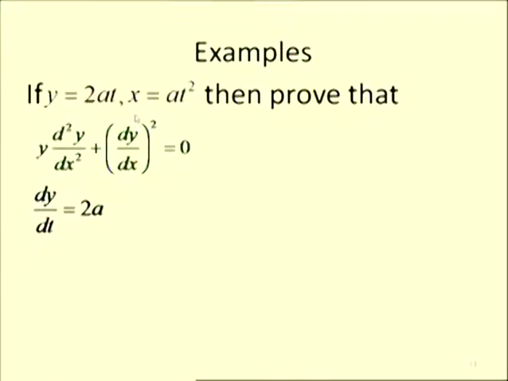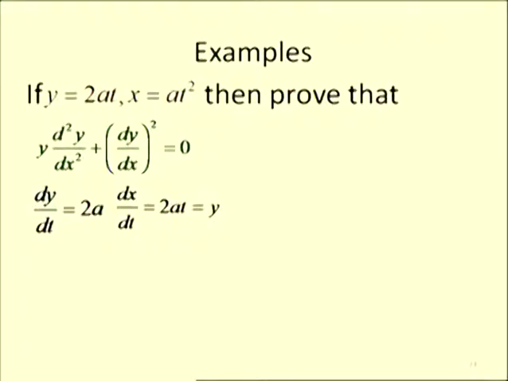Similarly, we get dx by dt, the derivative of at square with respect to t. Now a is constant, so it remains as it is, and the derivative of t square is 2t, so it is 2at. But what is 2at? 2at is nothing but y, so this 2at can be replaced by y. So exactly dx by dt is nothing but y.